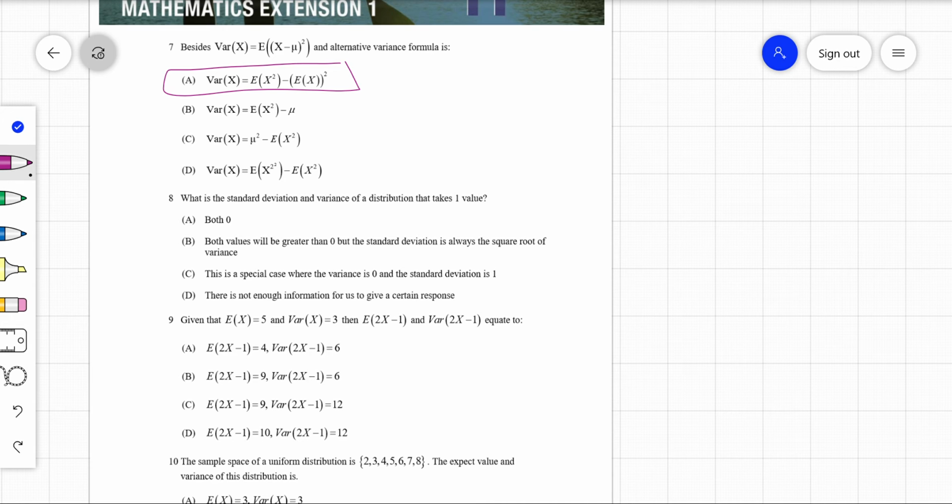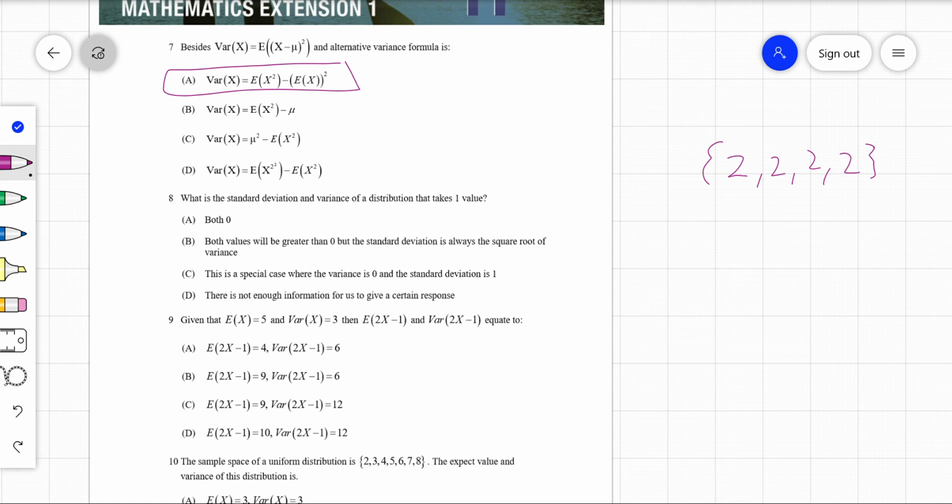All right, number 8. Number 8 is just a worded one. What's the standard deviation of a distribution that takes one value? So it only takes one value. For example, I could have 2, 2, 2, 2, 2, 2. That could be all my data.